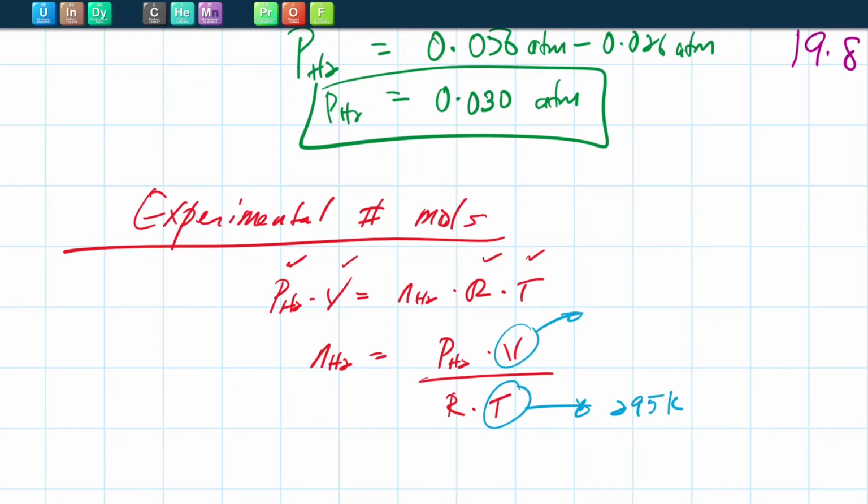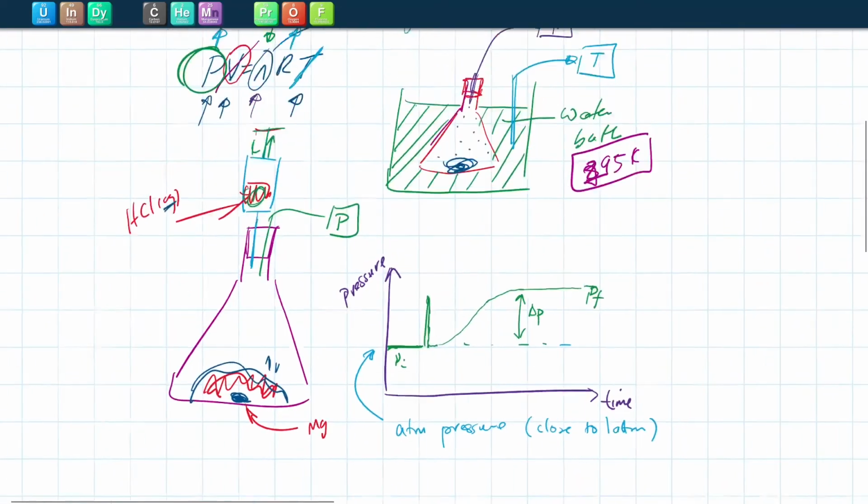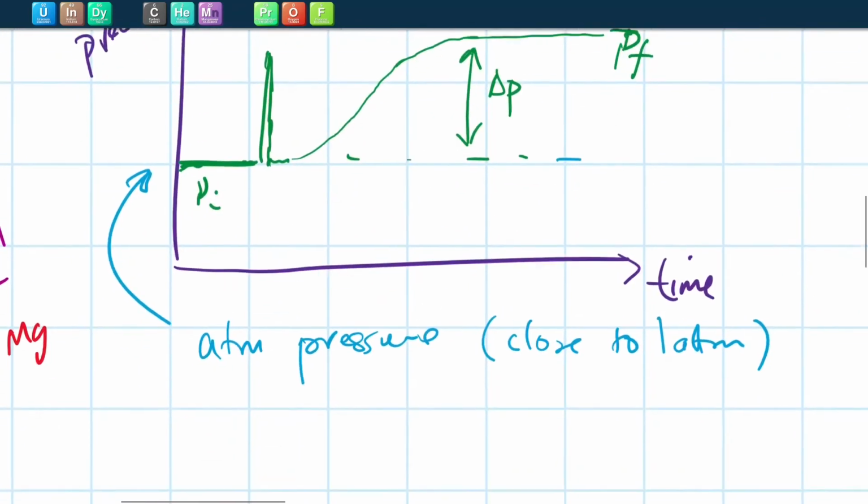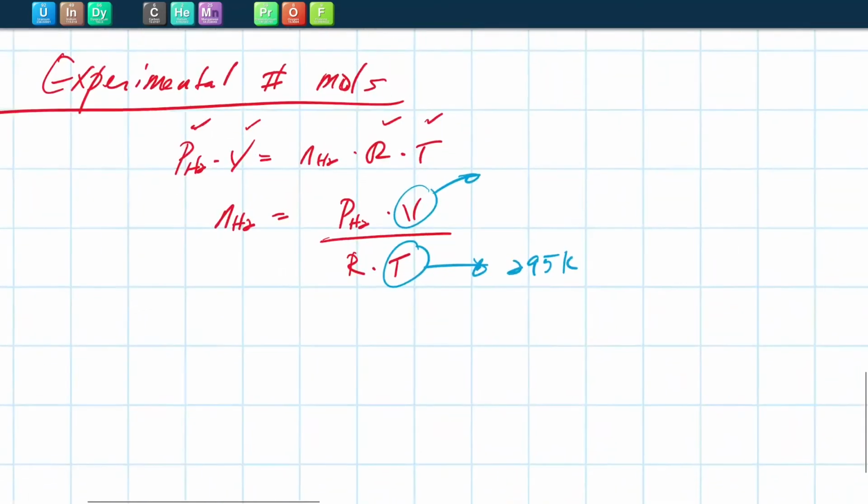What if the volume that you found for the little container that we were using to constrain the volume was, let's say, 200 mL, which is 0.200 liters? If that is our volume, then we can easily find the number of moles.